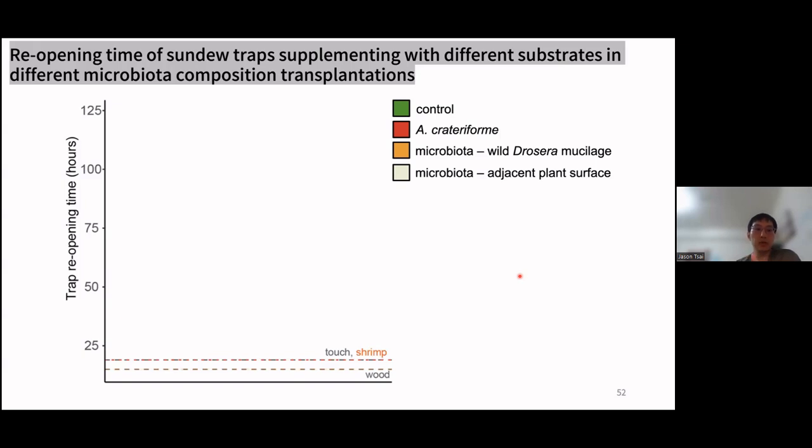First, the non-nutritive controls or touch resulted in reopening times just under 20 hours. So they acted as a perturbation of external stimuli that forces a false alarm, i.e., no food, not food.